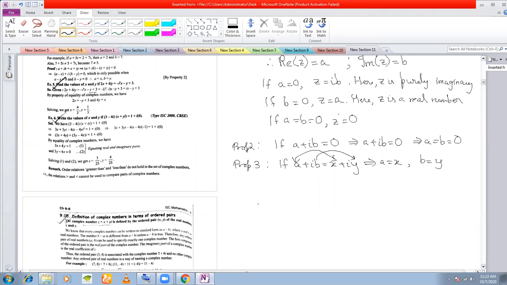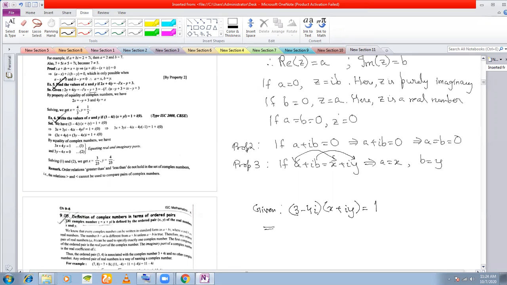The question here is: write the values of x and y if 3 minus 4i into x plus iy is equal to 1, say. Then what should be the values of x and y?